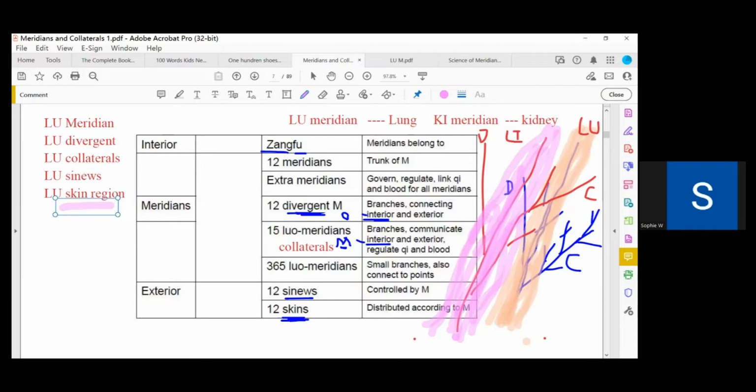The lung covers this part, large intestine covers this part of our skin, our body, right? And there are 12 of them. So these 12 skin regions will cover every part of our body.